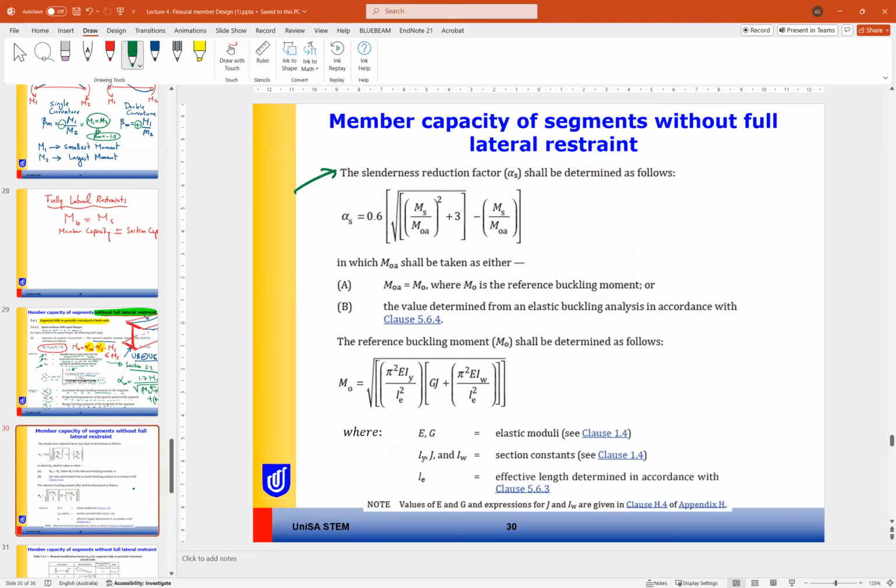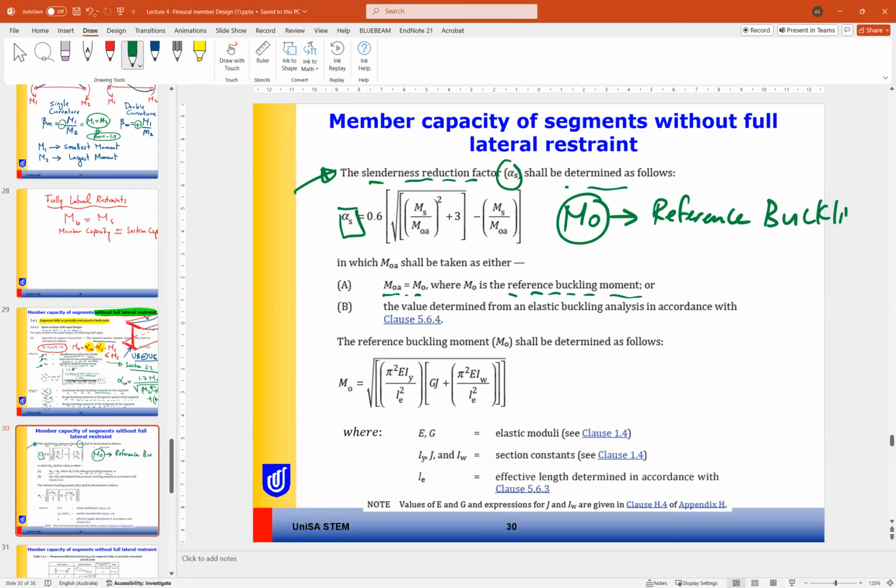Then alpha S, the slenderness reduction factor, will be calculated according to alpha S equal to 0.6 times the root of (MS divided by MOA) squared plus 3, minus MS divided by MOA, where MOA is equal to MO, or M naught, the reference buckling moment.